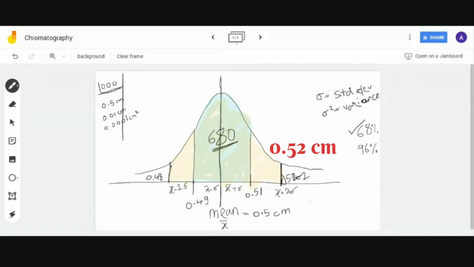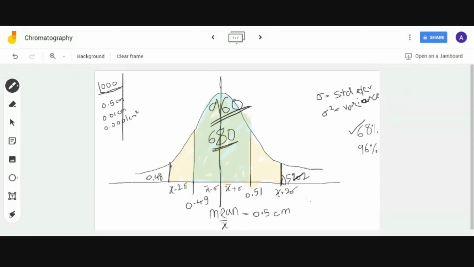Okay, 0.48 से लेके 0.52 तक, whatever the area under the curve is, this large area will represent 960 tablets. In different terms, I can say that 960 tablets out of those 1000 tablets will have thickness between 0.48 centimeter to 0.52 centimeter.